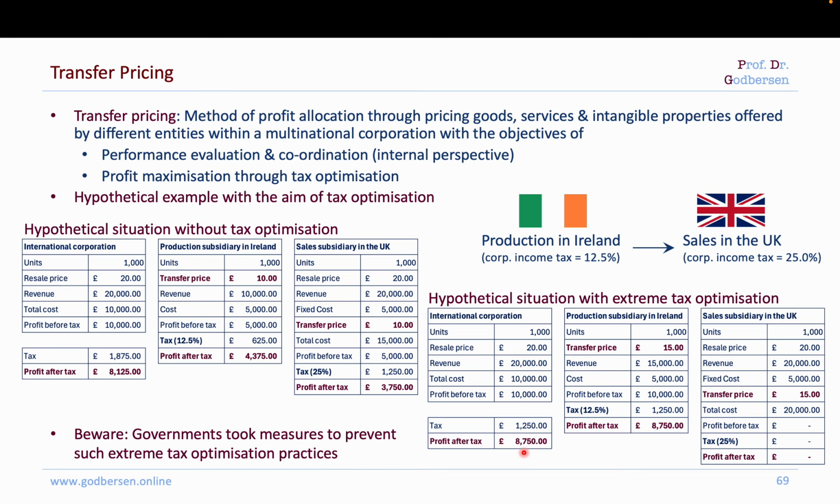But here, it's not the only reason why all these huge tech companies like Apple, Google, Facebook, and so on have their European headquarters in Dublin or other parts of the Republic of Ireland. It is because the income tax is very lovely there.